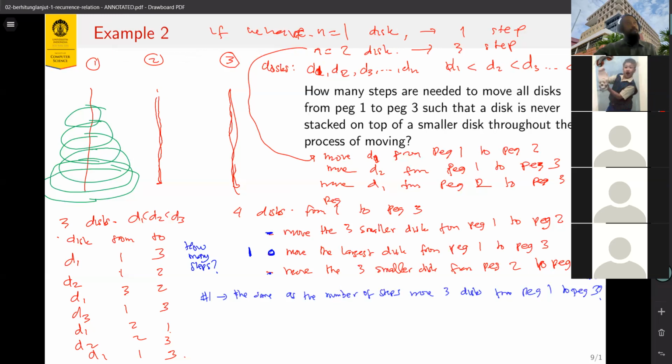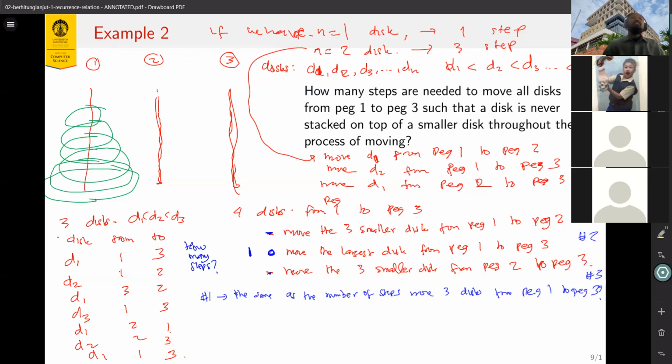Why yes? Because with n with 4 disks, you try to move the 3 disks to peg 2, right? I don't know, I'm just guessing. Okay, that's all right. So I think it's the same.